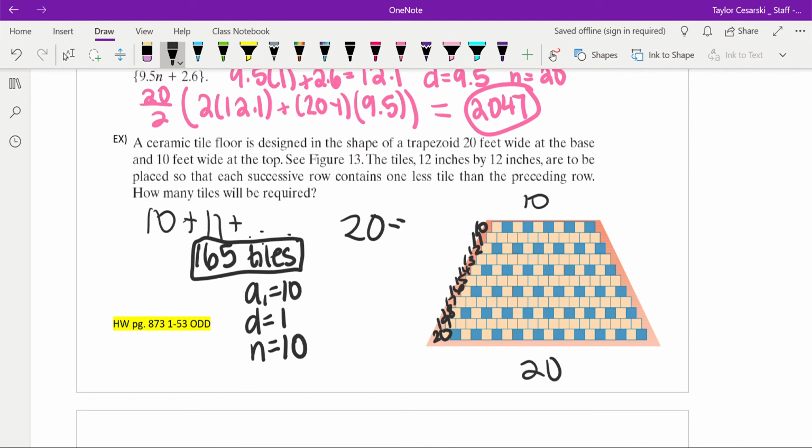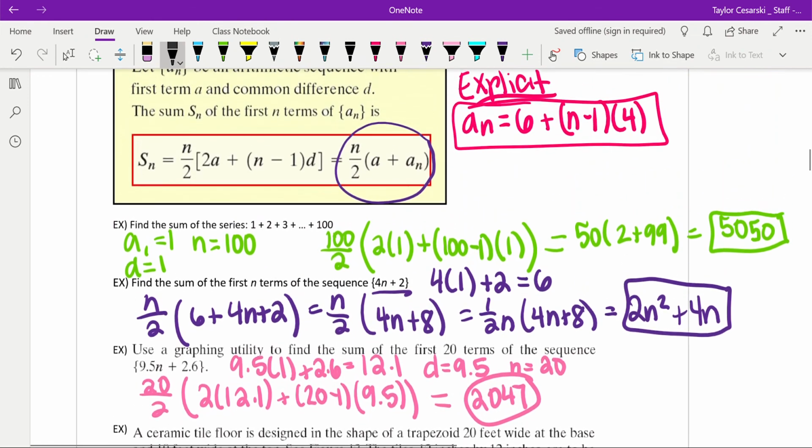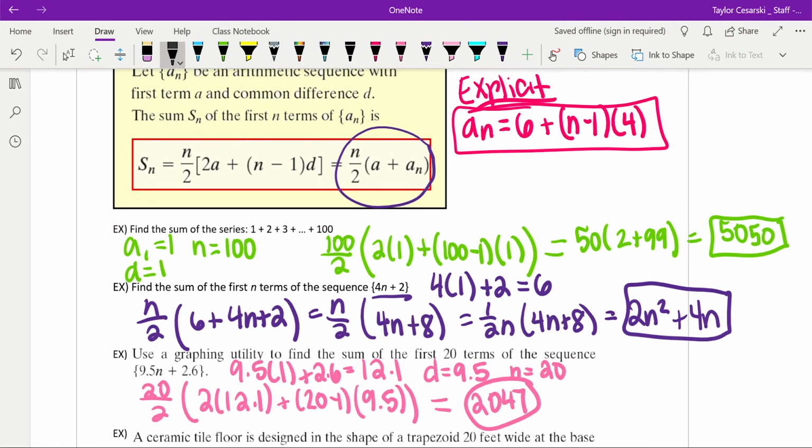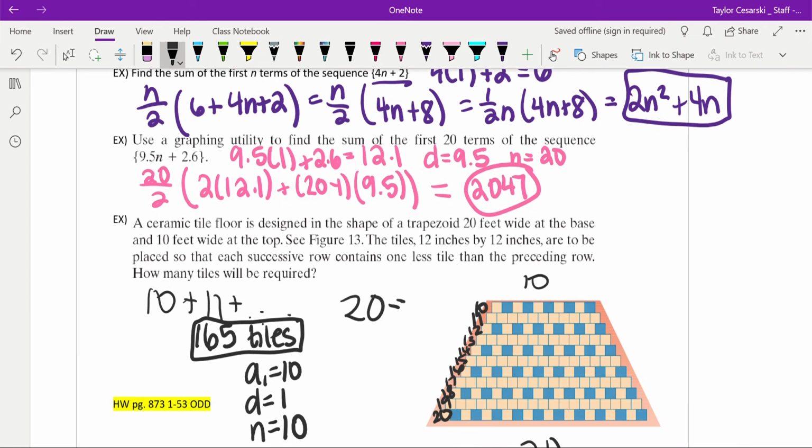Your expression would look something like n plus 9. You could write an expression very similarly to the very first example, adding 1 each time, and you would get the same answer of 165 tiles.